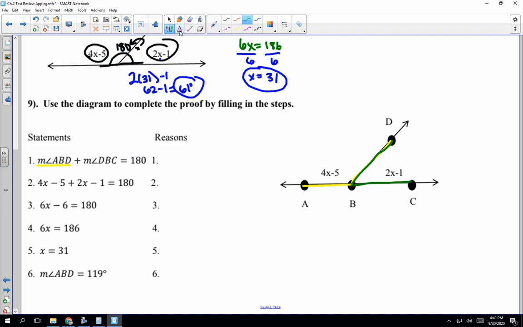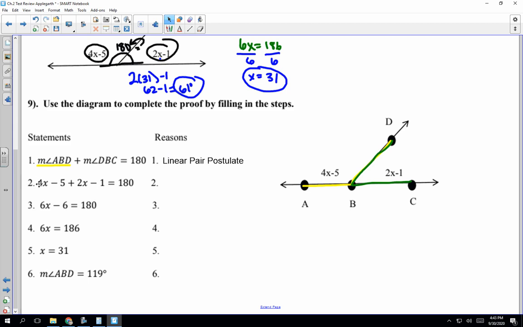So I'm going to throw down here that this is the linear pair postulate that says if two angles form a linear pair, then they are supplementary, and to be supplementary means to add up to 180 degrees. So that is true in this case.